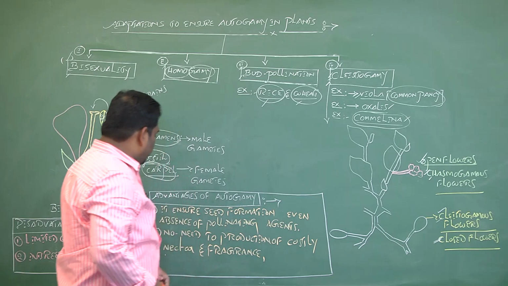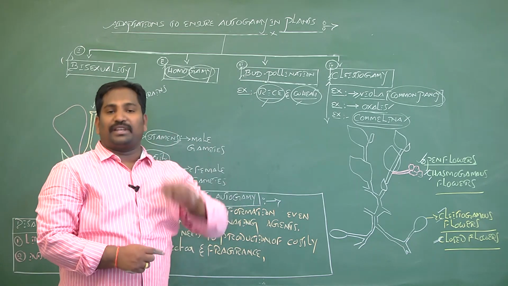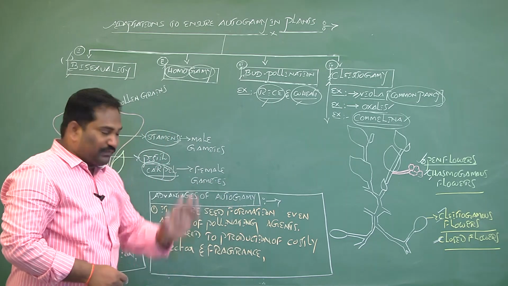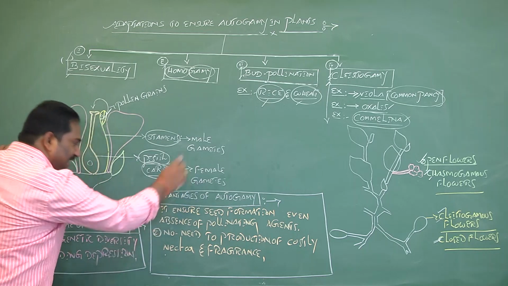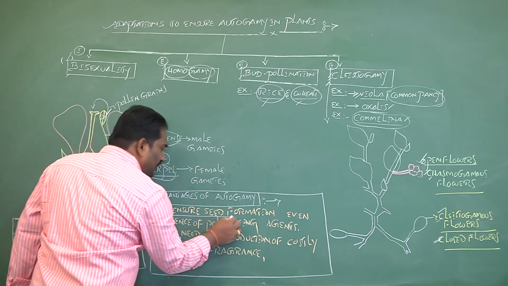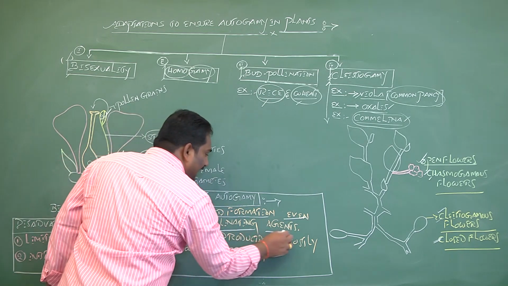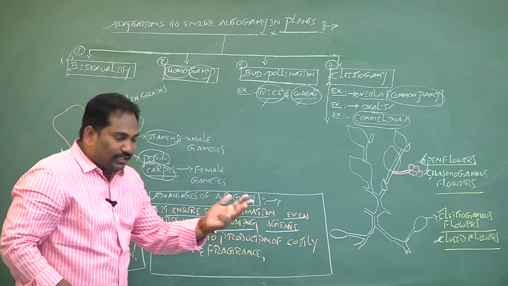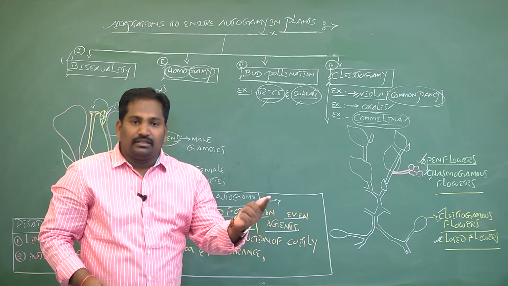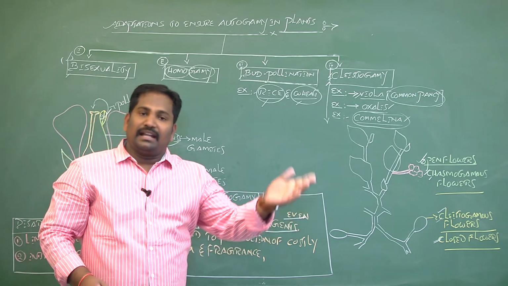Let's discuss the advantages of autogamy or self-pollination. If self-pollination takes place in any flowering plant, the first advantage is that it ensures seed formation even in the absence of pollinating agents, either water, wind, insects, birds, snakes, bats and others.